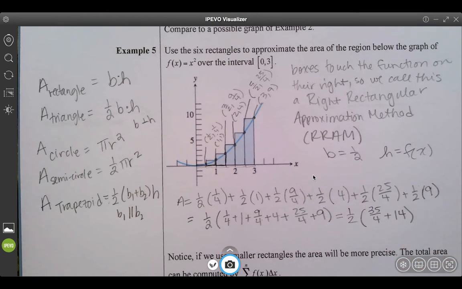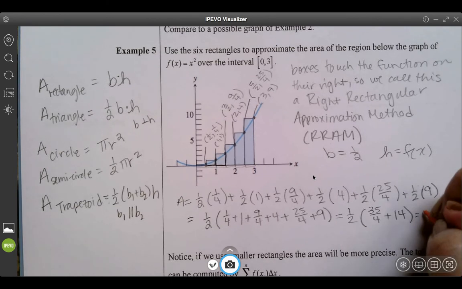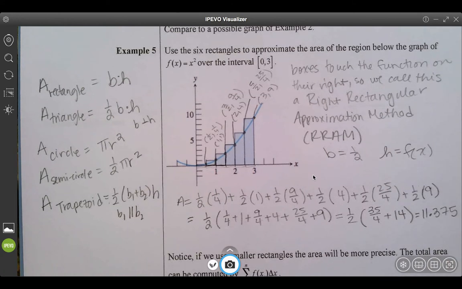From here, I would absolutely use a calculator, but make sure you're grouping your parentheses properly. So 1/2 times in parentheses 35/4 plus 14. And what you should end up with is 11.375, or in a fraction, that's 91/8.